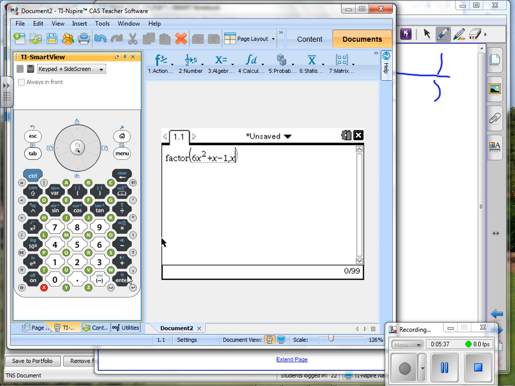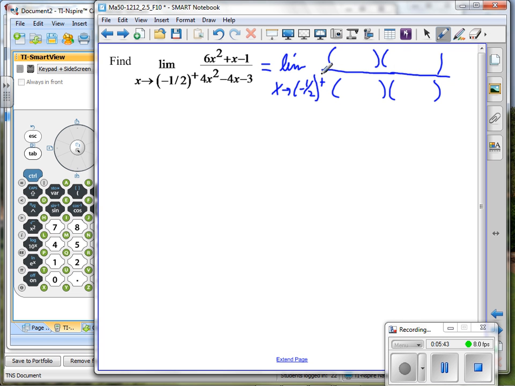Factor with respect to x and press enter. Again, I'm sure you could have done this in your heads without any prompting, but if that's the one thing that you're just not thinking straight on, use the tools. It's like the days you don't feel like walking, you grab the keys for the car and you don't walk a mile, you drive a mile. Okay, what about 4x squared minus 4x minus 3?